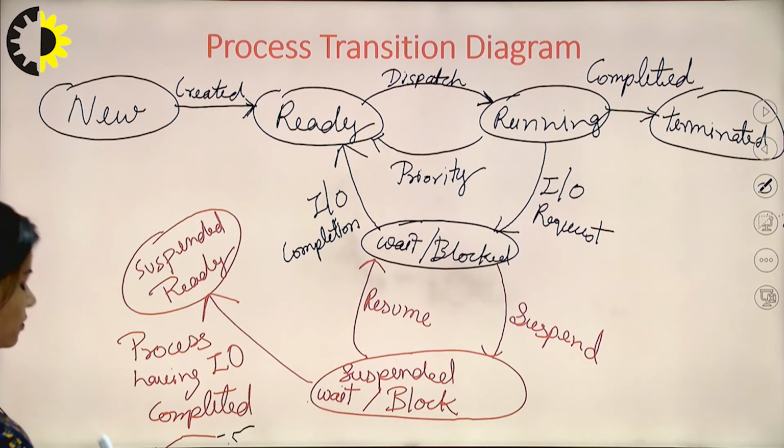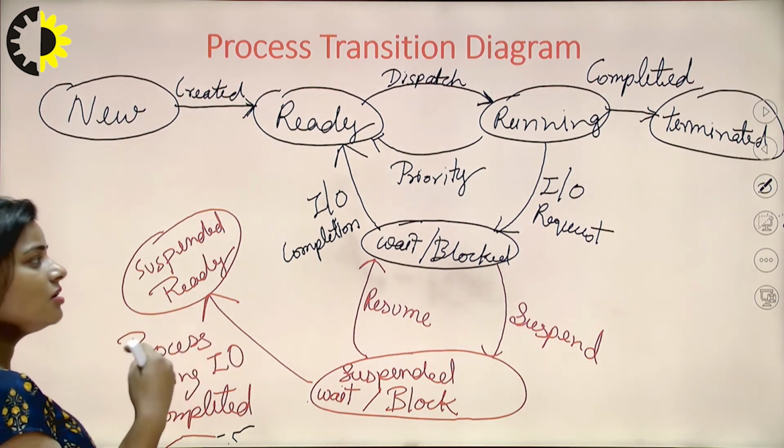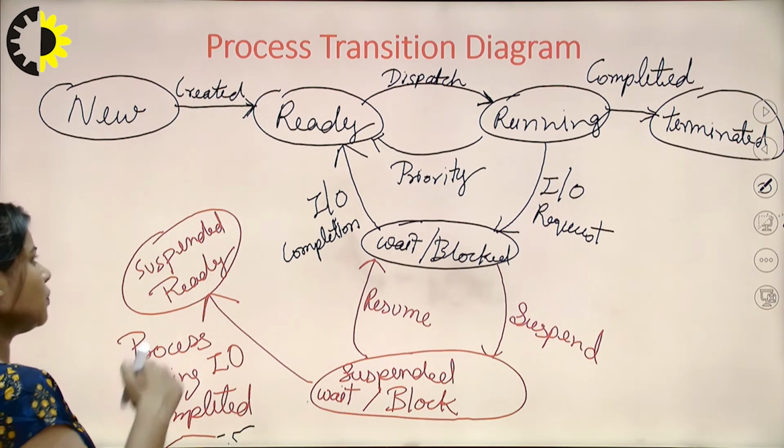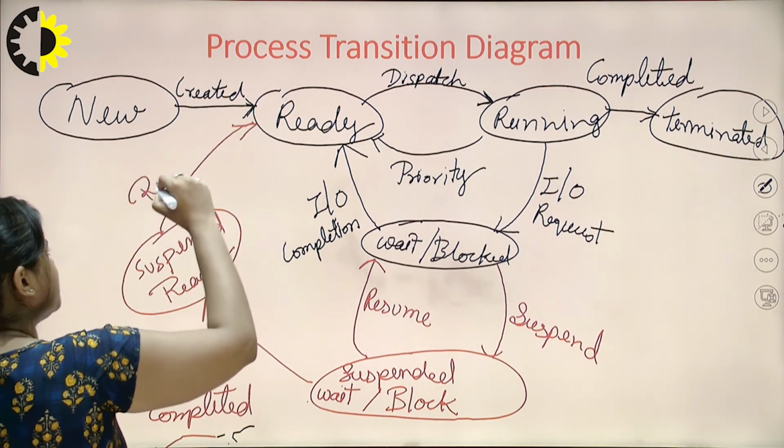Now if a process in suspended ready also requires RAM memory and its request is approved, then it goes towards the ready state in terms of resuming.